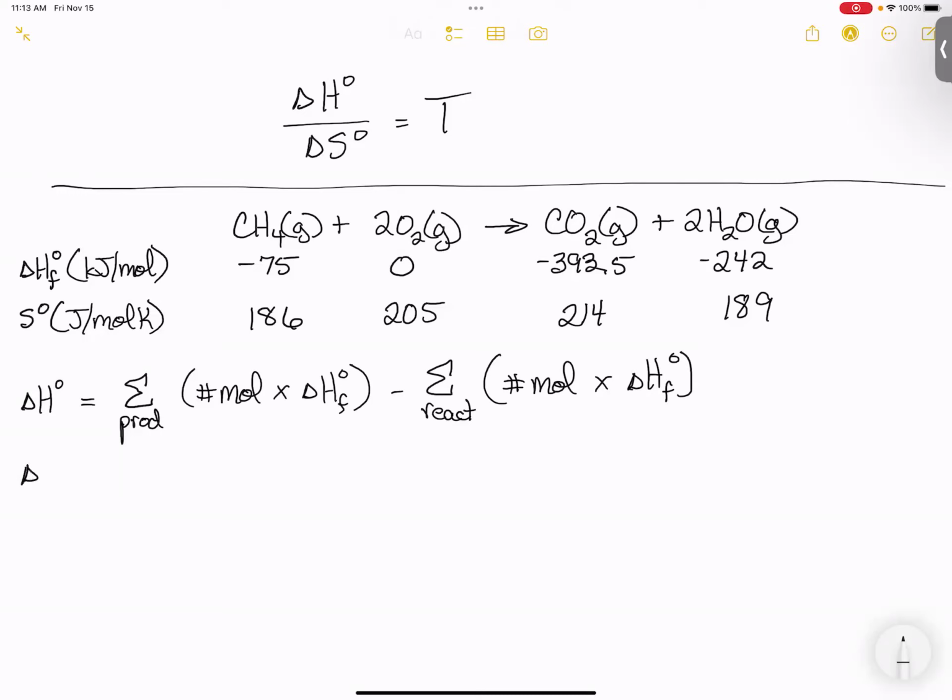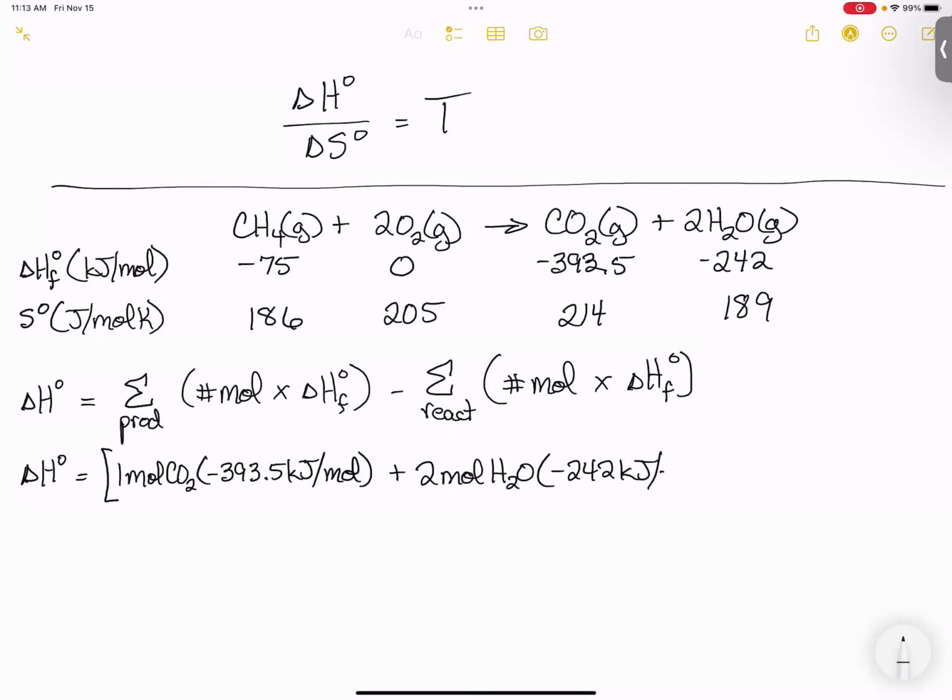So our delta H of reaction is going to equal, we have 1 mole of carbon dioxide times -393.5 kilojoules per mole, plus we have 2 moles of water times a negative 242 kilojoules per mole, minus the reactants.